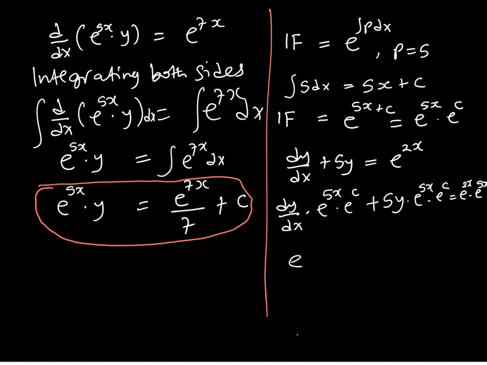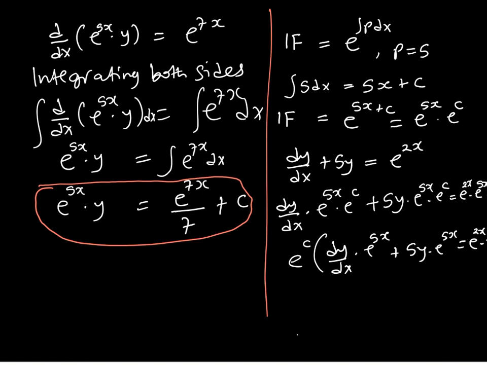Now this e to the constant we'll factor out on the left-hand side, and you end up with dy by dx times e to the power 5x plus 5y times e to the power 5x will be equal to e to the power 2x multiplied by e to the 5x, multiplied by e to the constant.